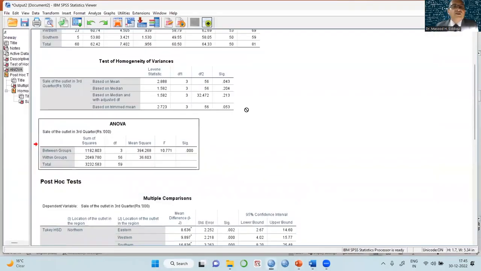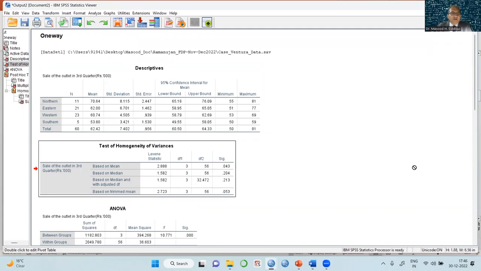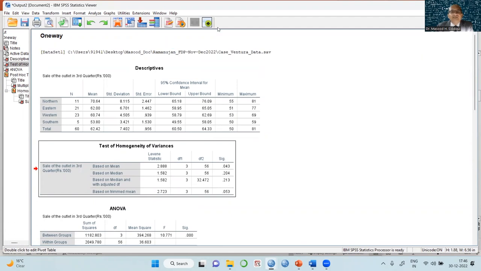Okay. So obviously here, this table doesn't mean anything because we have not analyzed the data. After that, we have a table that is known as test of homogeneity of variance. And here, as we have discussed the name, we have Levene statistics. And we will be discussing based on mean only. Okay.